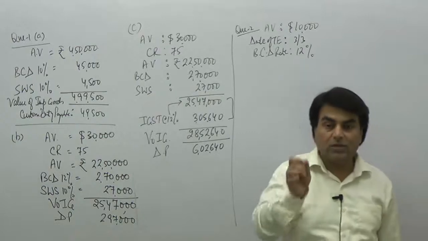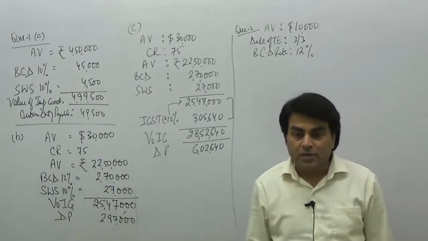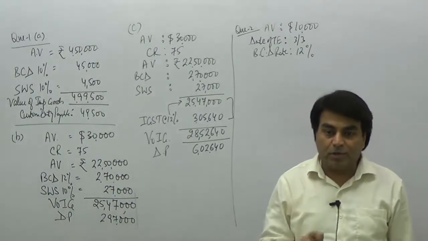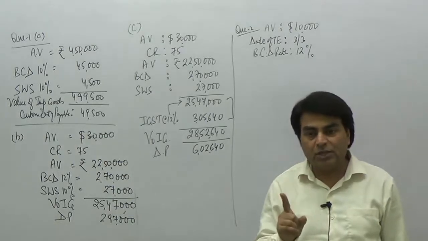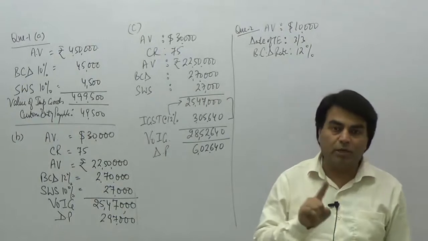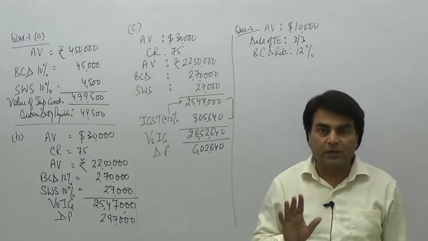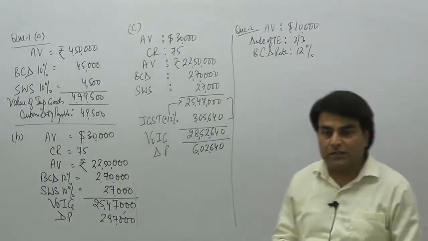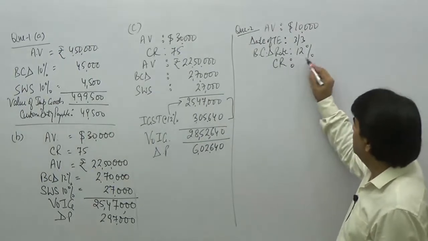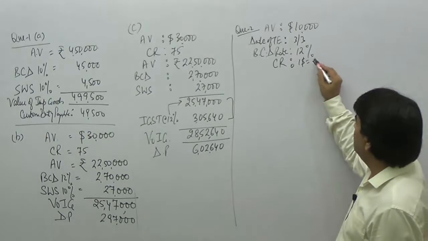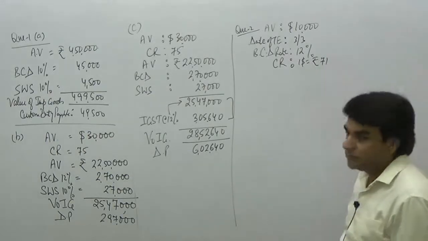Now apply this on this question here. The importer has filed bill of entry on 28th of February. That means the conversion rate by CBIC on 28th of February is the relevant conversion rate. So it is rupees 71. The applicable conversion rate would be $1 is equal to 71 rupees.